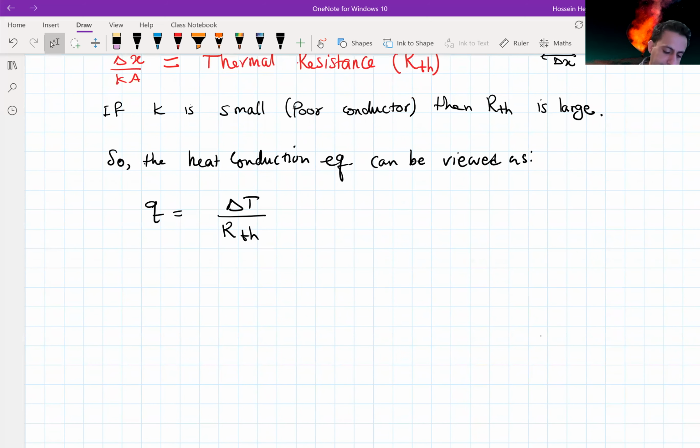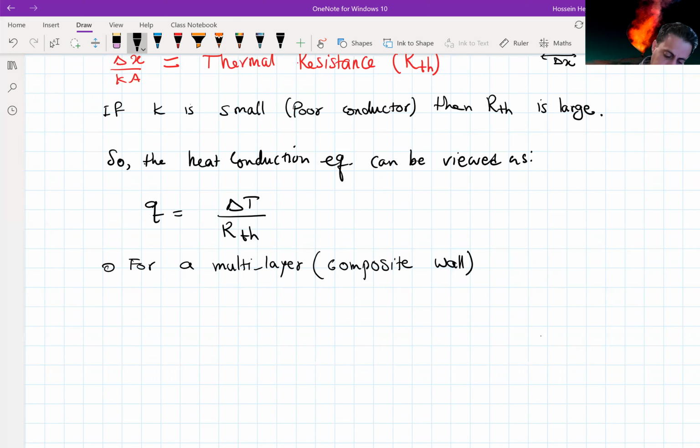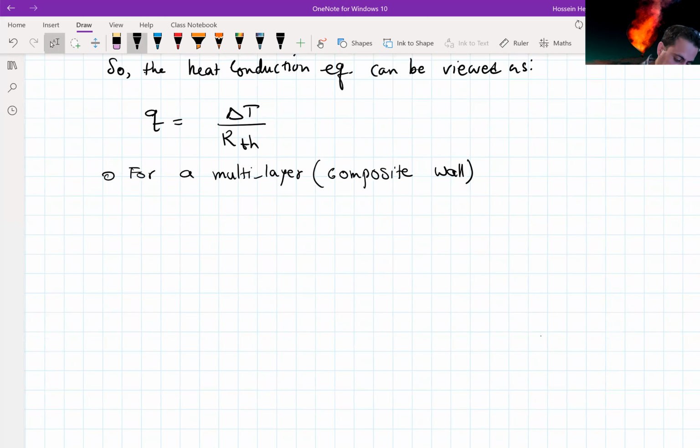Now, if we go back to the multi-layered composite wall that we had, I'm just going to briefly sketch one example of that.